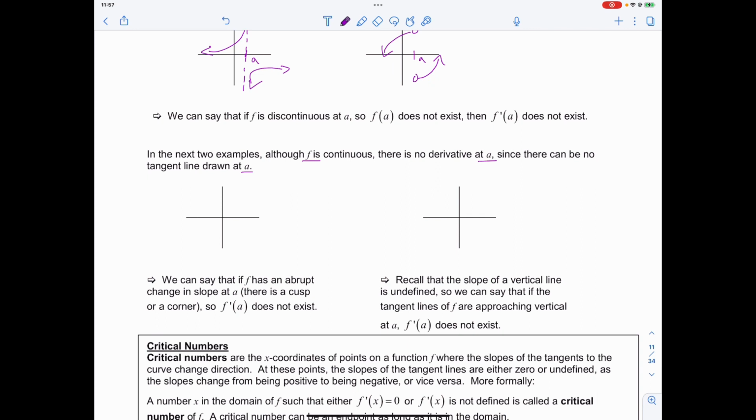So we could say that if we have a here, and we have a cusp, or a corner that's occurring at a, or if we have a here, and the original function becomes vertical at a, then for both these cases, f prime of a is not going to exist.